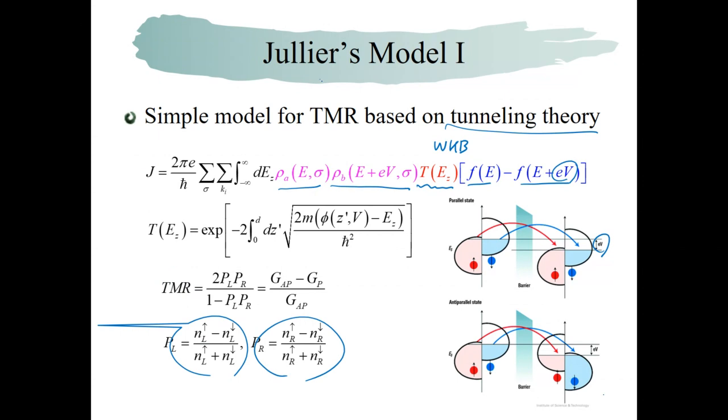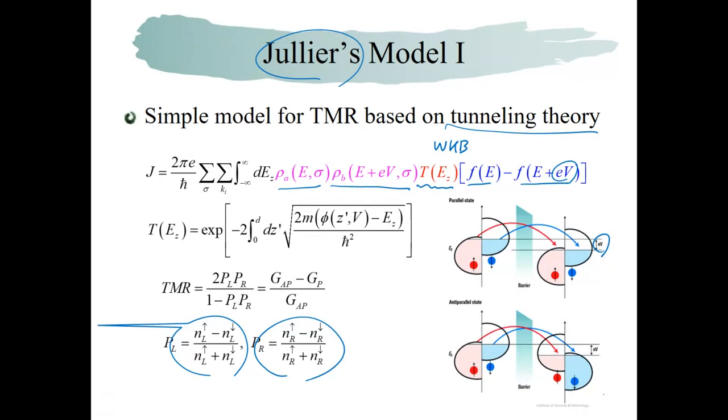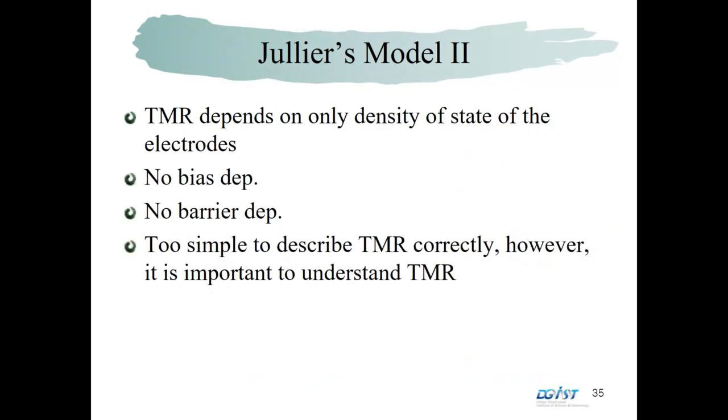And this Julliere model implies the TMR cannot depend on the insulator layer. The TMR value only depends on the ferromagnetic layer, and in order to obtain a large TMR, we should increase the polarization of each electrode, or each ferromagnetic layer. So TMR depends only on the density of states of the electrode, and there is no bias dependence, no barrier material dependence.